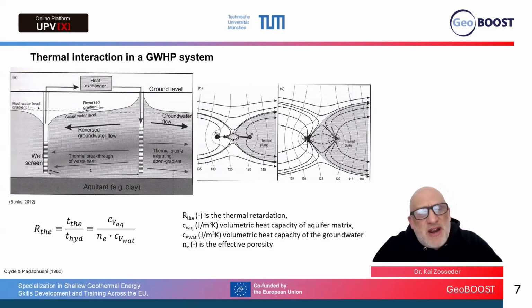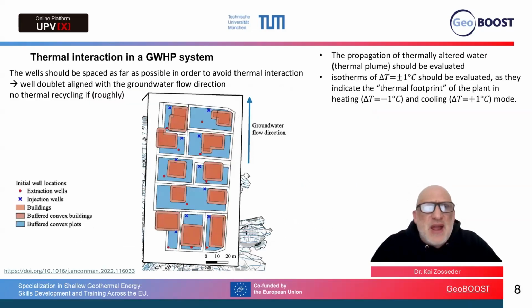So if you avoid a hydraulic interaction, you avoid a thermal interaction anyway. To integrate all that in planning, you have to consider some distances. As I said before, you have to see how much space you have in the ground.